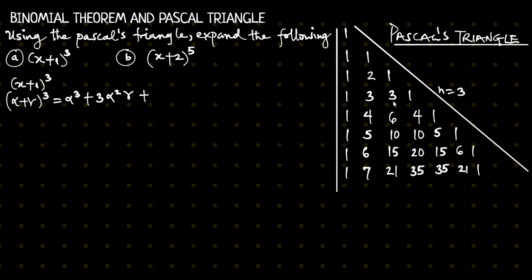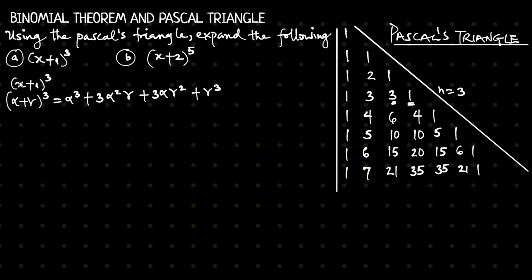Plus, then we pick the next 3. Now we're going to have alpha to the power of 2 again. It's going to reduce to alpha to the power of 1, and that of gamma goes up to 2. And lastly, we have 1 here. Alpha goes to 0 now because it has been reduced, and this goes all the way up to 3.